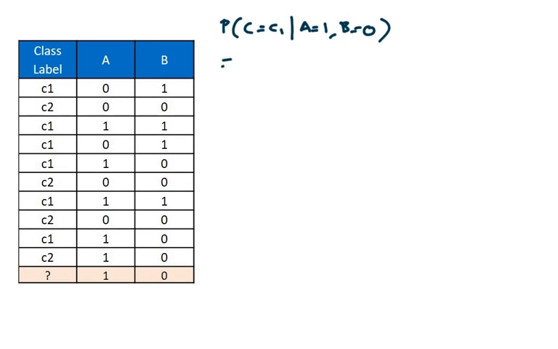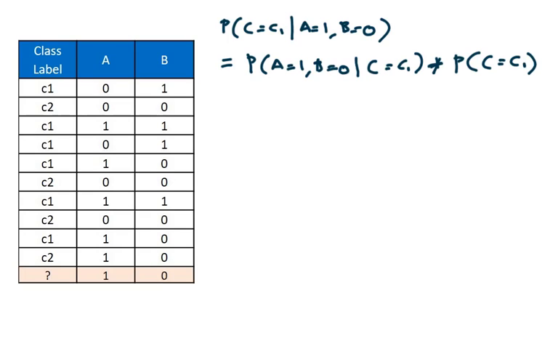This will be equal to the probability of A equals 1, B equals 0, given C equals C1, multiplied by the probability of C equals C1.